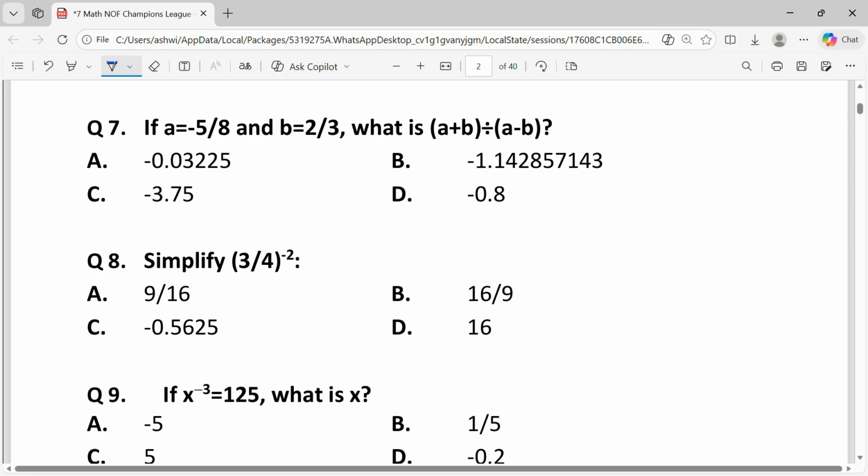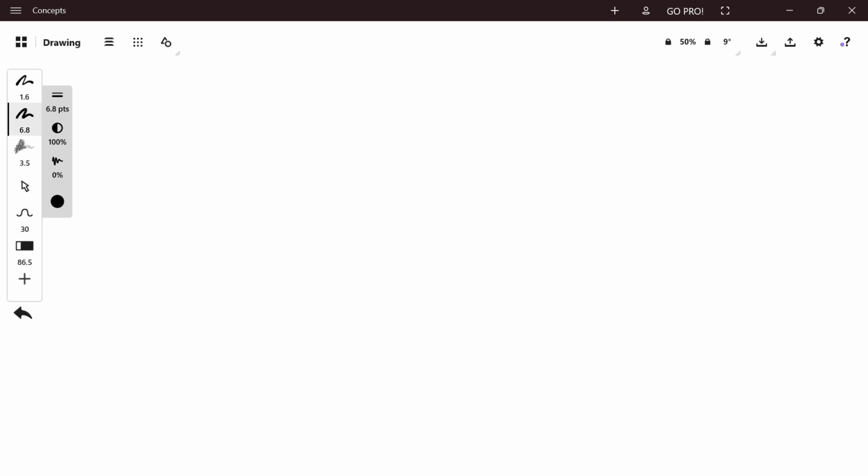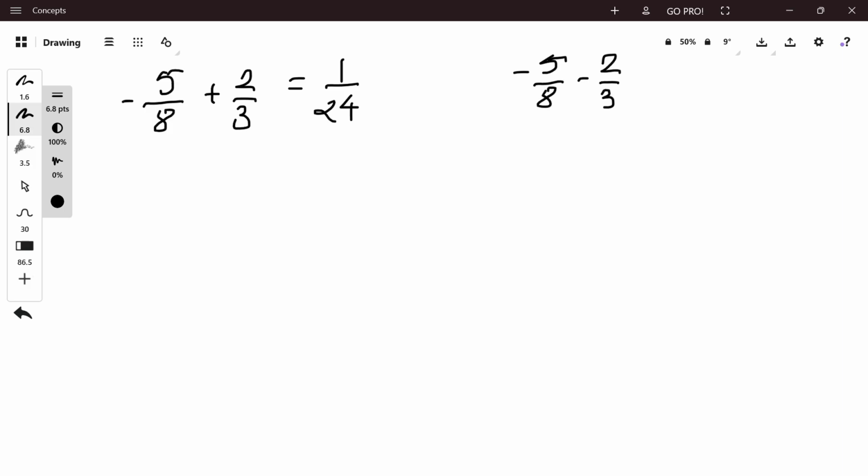Question 7. If A is equal to minus 5 by 8 and B is equal to 2 by 3, what is A plus B divided by A minus B? Calculating A plus B, that is minus 5 by 8 plus 2 by 3, that is equal to 1 by 24. And A minus B is minus 5 by 8 minus 2 by 3, that is equal to minus 31 by 24.